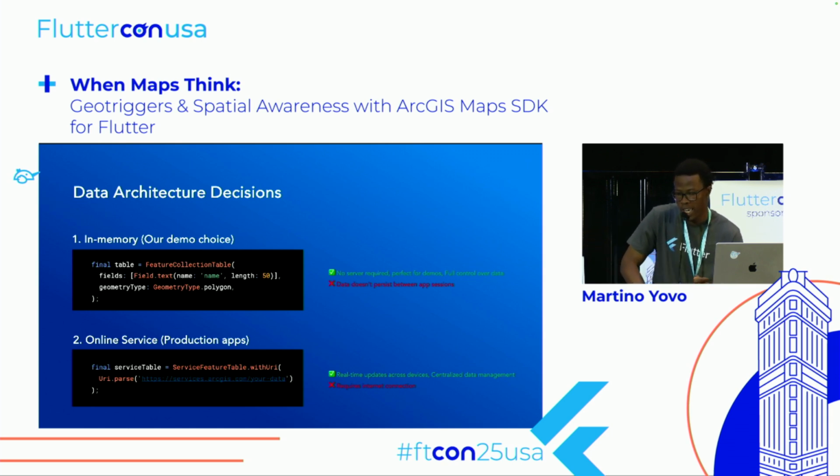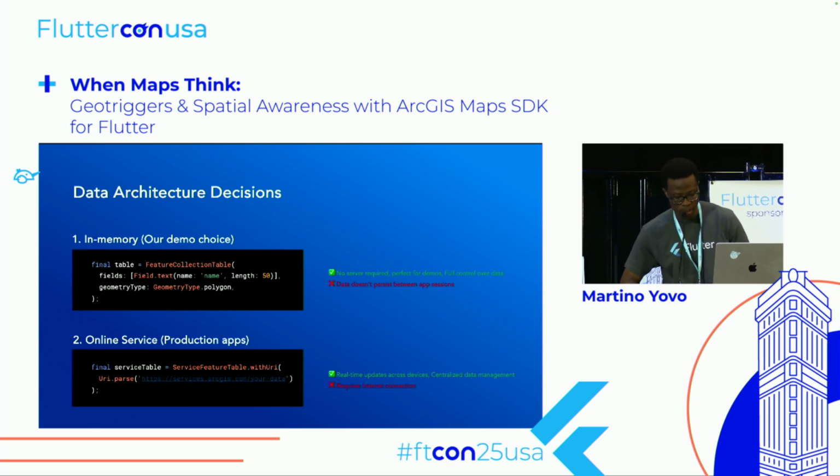The second one is for production apps. So you have your service online, and then you can use it to get all the data required. So if you want to get points, zones, and everything, you can define everything on ArcGIS Online services, and then retrieve it in the app, and do whatever you want to do with it.